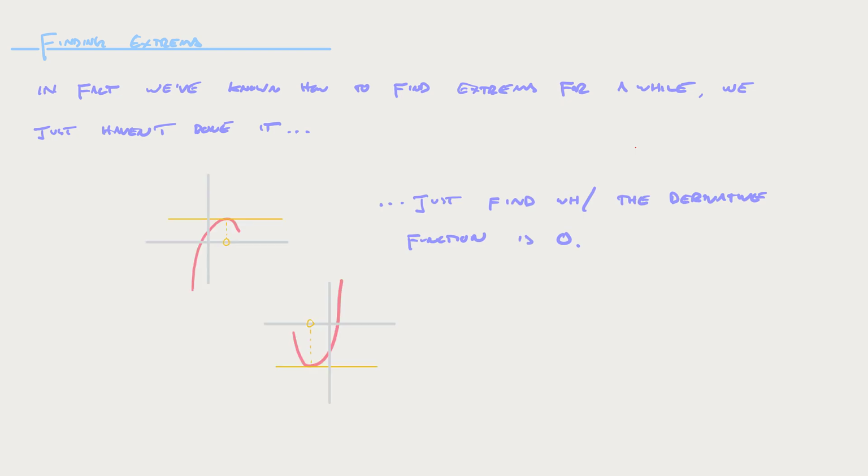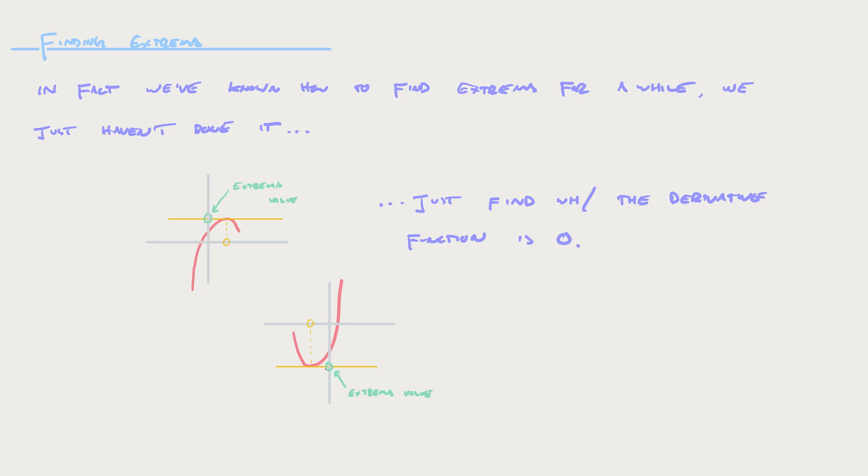That's where extrema in general happen. Either your function is positively sloped and then it changes to negatively sloped. Okay, well, there's an example of having a maximum. Or your graph has negative slope and then it changes to positive slope. And again, that's where your graph has a minimum at that point. And in both situations, the slope at that point of change is 0.